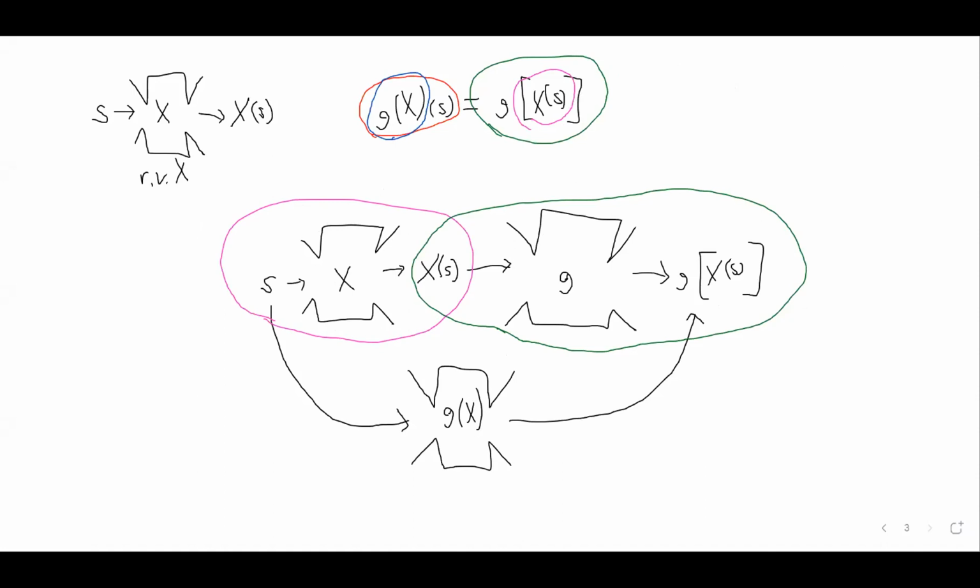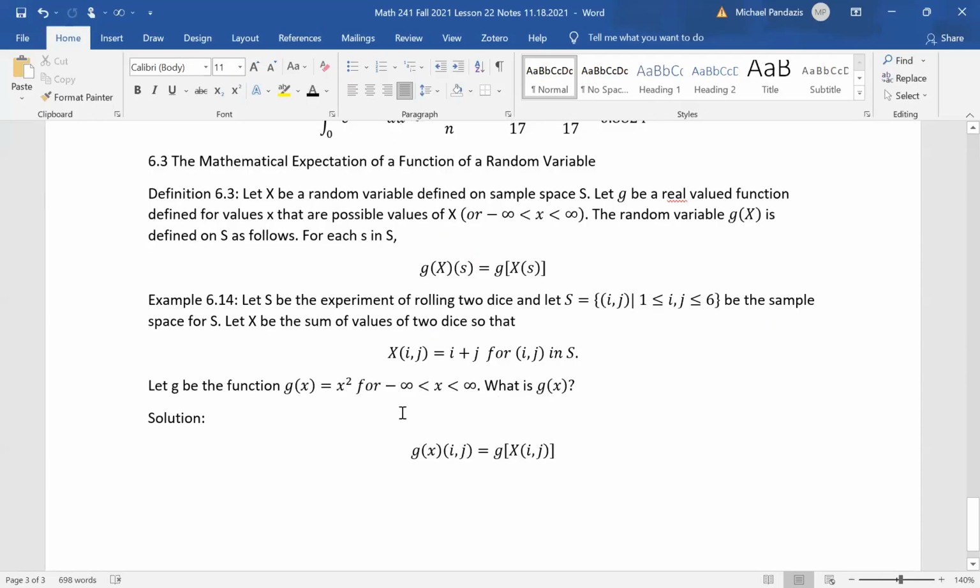In math, when you write a composition of functions, you write it from right to left. The thing on the left is the last function, and the thing on the right is the first one. So first X, then g, is g of X of (i, j).